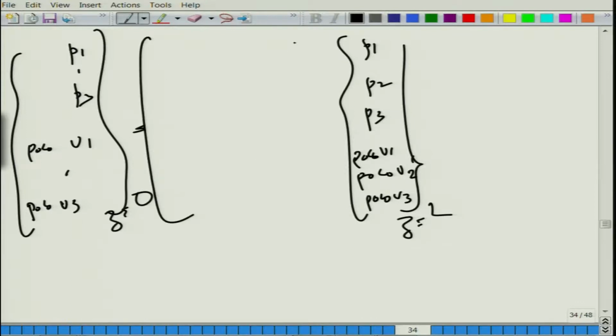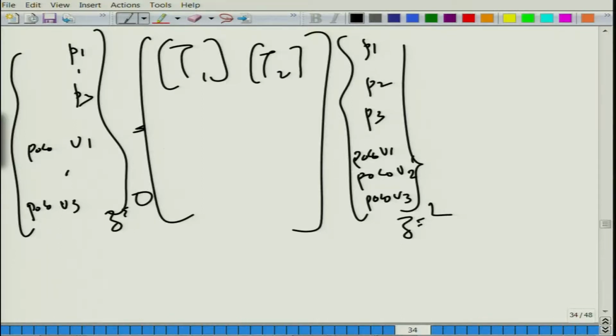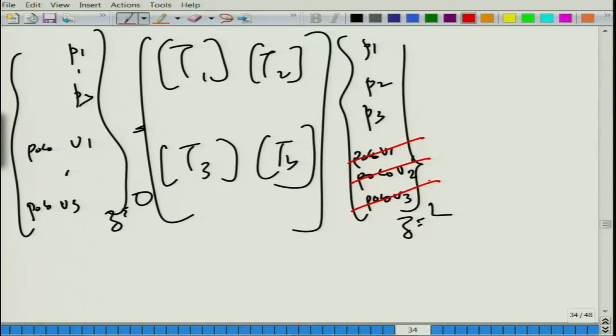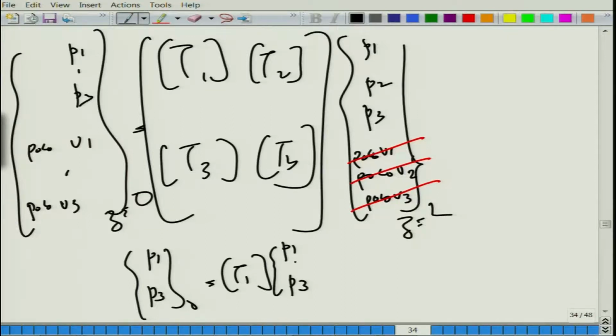So, this is your T1 matrix, T2 matrix, T3 matrix and T4 matrix. Okay. So, when we have such a thing, since all these things are going to 0, P1 to P3 at 0 is equal to T1 times P1 to P3 at L, because all these things are going to 0.